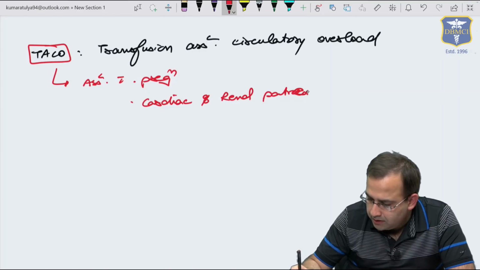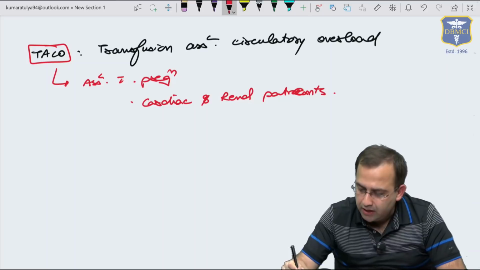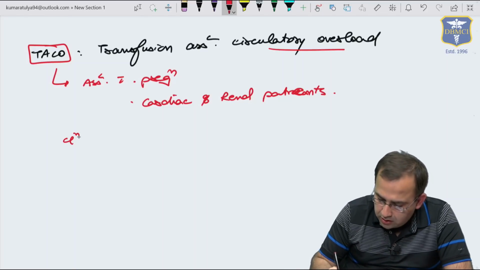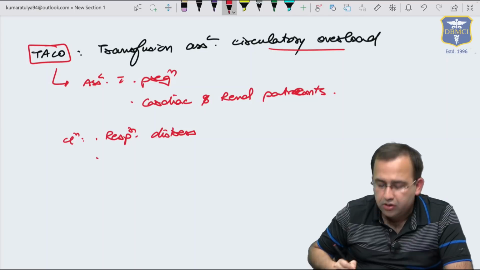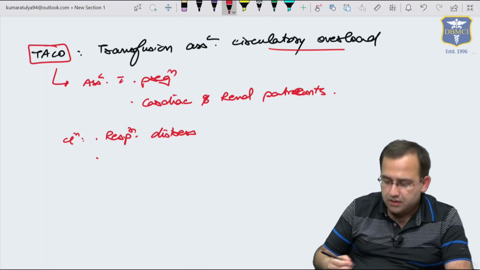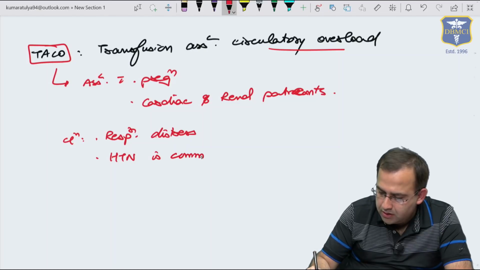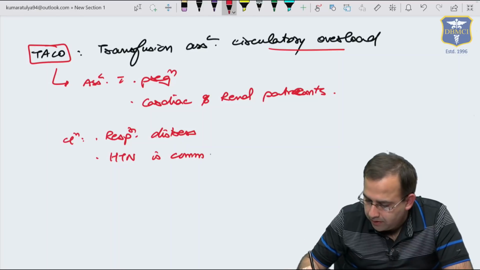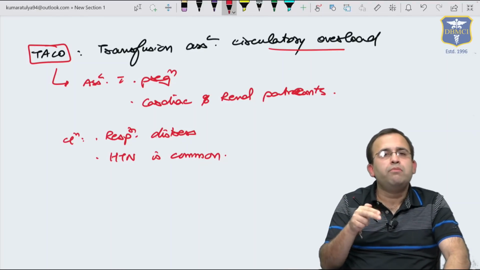What happens in these is, if multiple blood transfusions are given, that in turn causes circulatory overload, which clinically is manifested as respiratory distress, and hypertension is common. By hypertension, we differentiate TACO from TRALI.